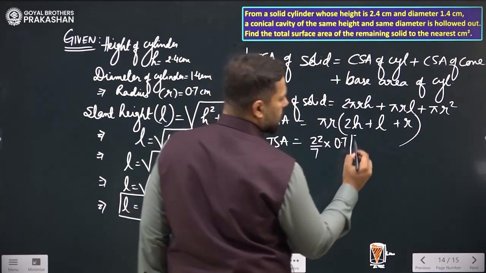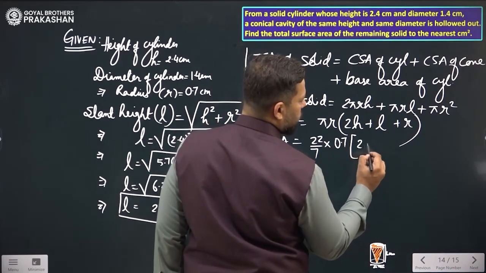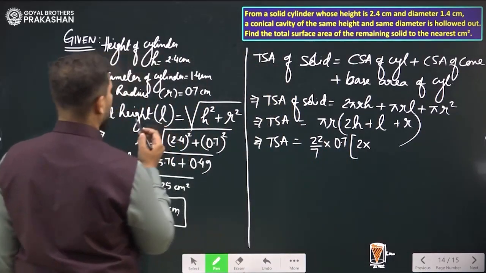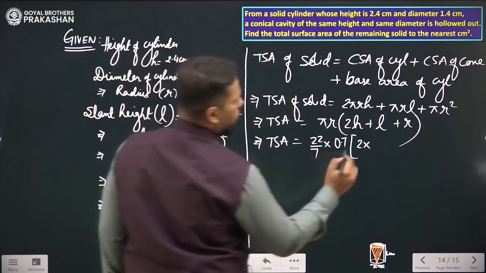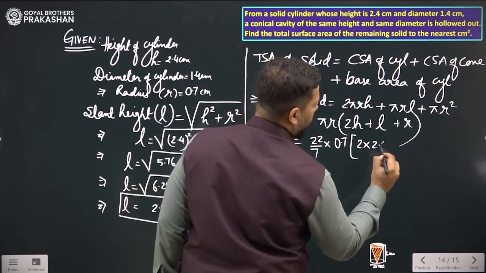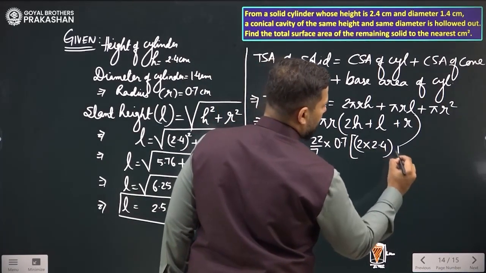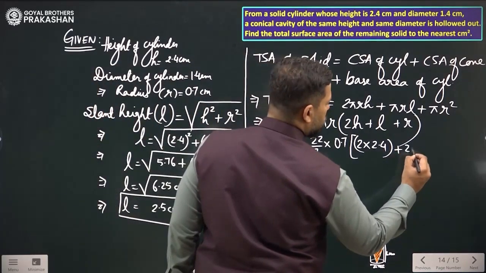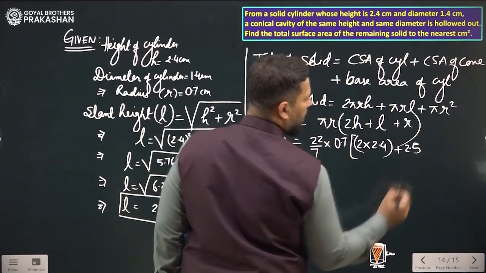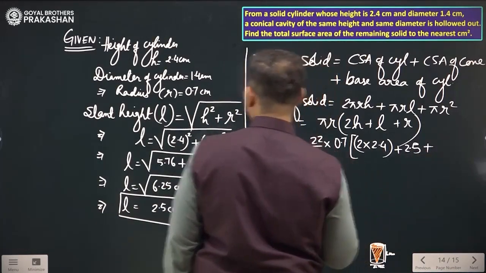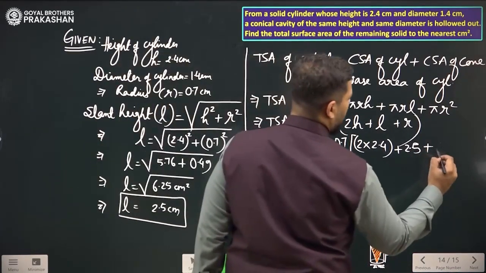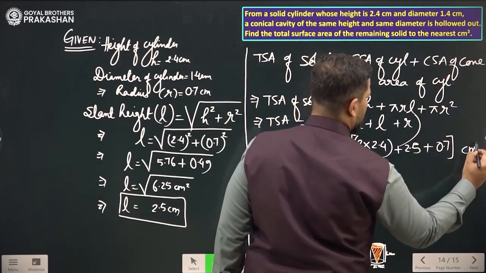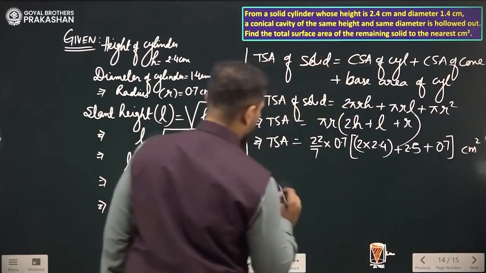And in the bracket, it will be 2 multiplied with height, and the height, as we have seen over here, is 2.4. So it is 2 times 2.4, added with the slant height, which we just got as 2.5, and the radius, as we know, is 0.7. This everything will be in centimeter square.